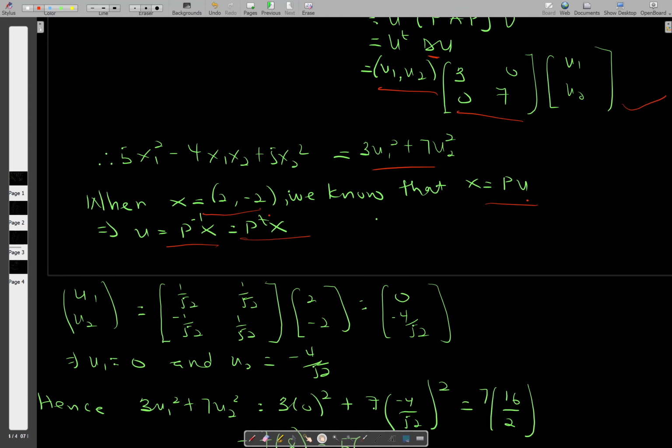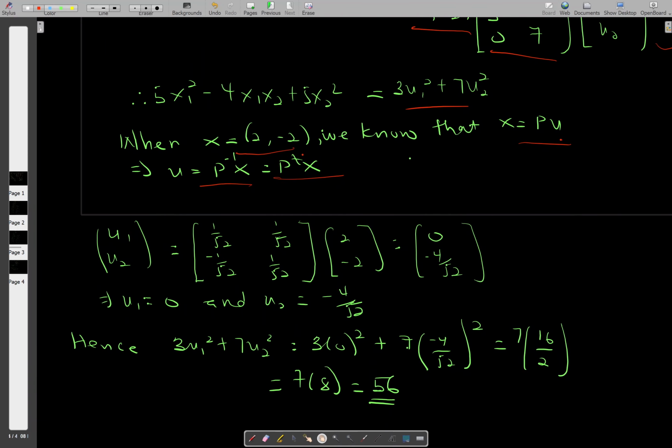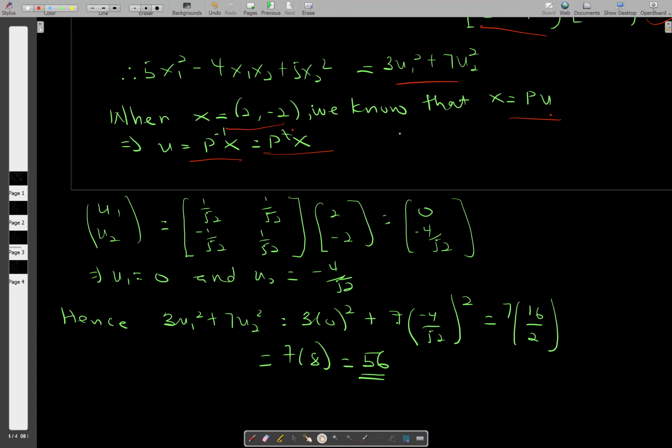Okay, so therefore our u, which is u1, u2, is given by P transpose, and this is x. So we multiply, so we have 2 root 2 minus 2 root 2, which is 0, and minus 2 root 2 minus 2 root 2, that's minus 4 root 2. So from here we can compare it to that equality of vectors.